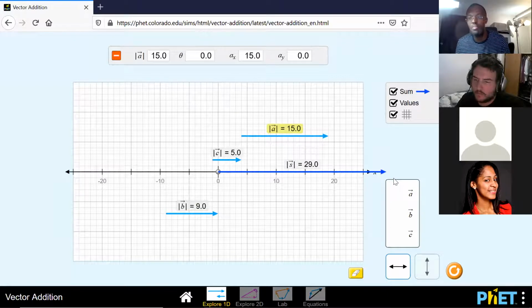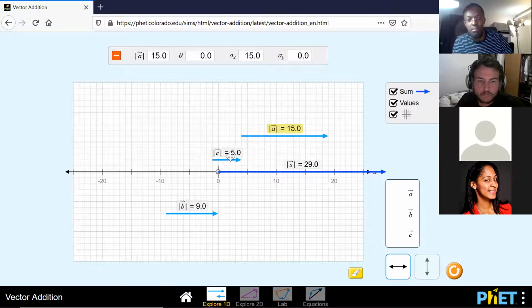If you were to add them up graphically, what would you do? A, B, and C, to get this resultant vector, the dark blue vector, which is called S, of 29. Well, you would have to put the tail of one onto the head of the other.